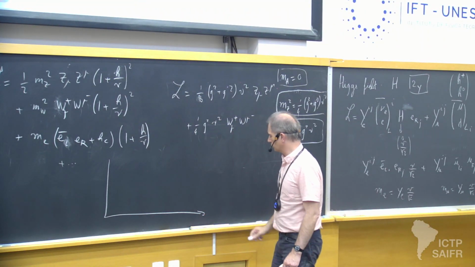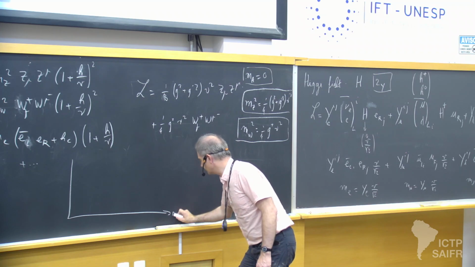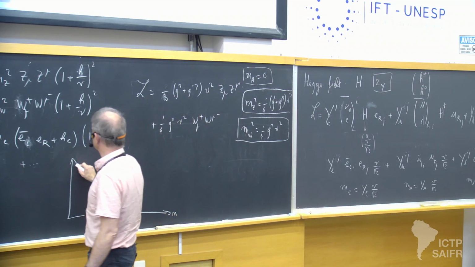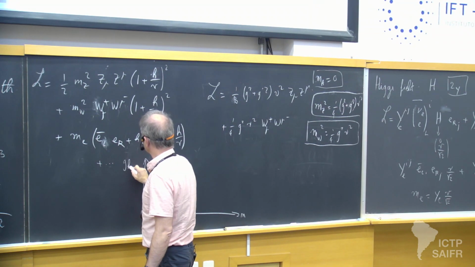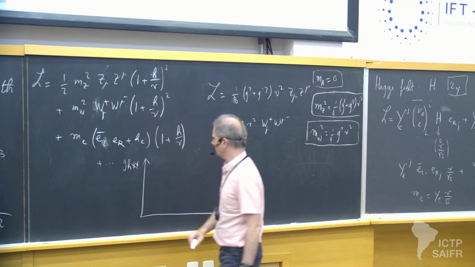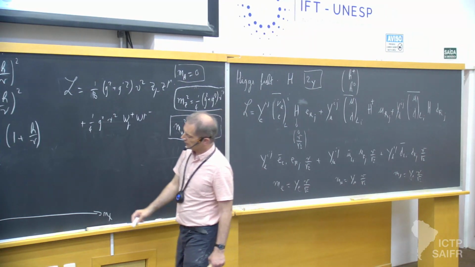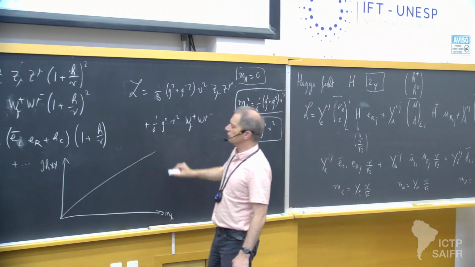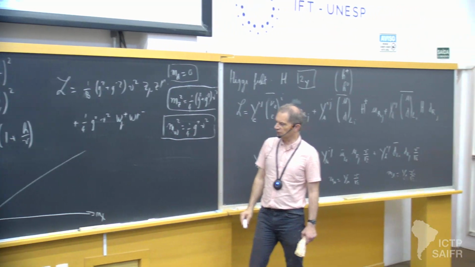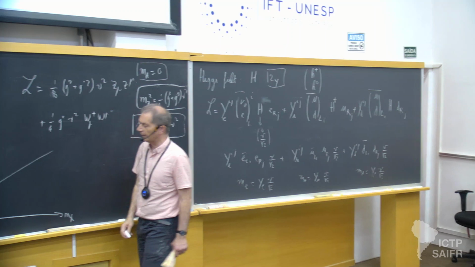You can draw a diagram that plots the coupling of the Higgs to the particle X as a function of the mass of X. The theory prediction is that everything should be proportional, so the coupling should be proportional to the mass.